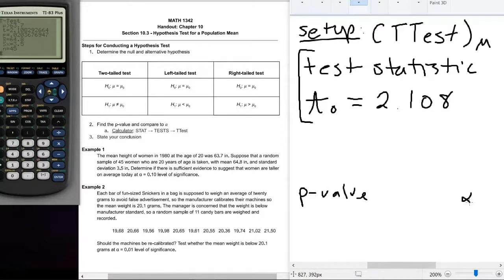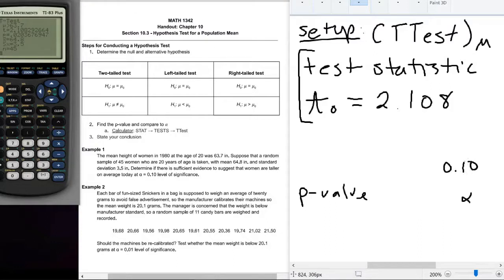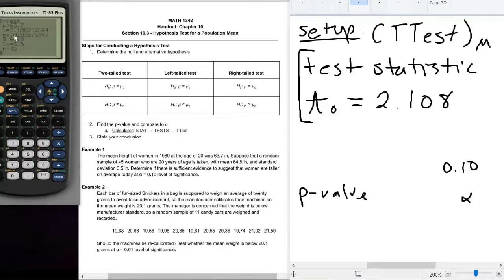We will compare it to alpha. Here the alpha level is 0.10. And again, think about that 0.10 as the room for error to make a mistake in our conclusion. We're given 10% room to make a mistake in our conclusion. Well, after conducting our test, it's saying hold on, you have about a 0.02 chance of making a mistake in your conclusion.